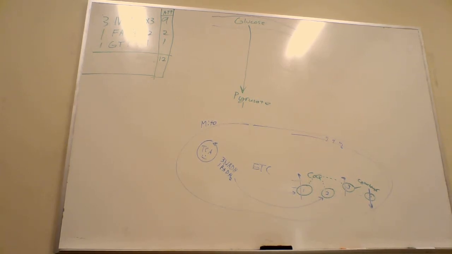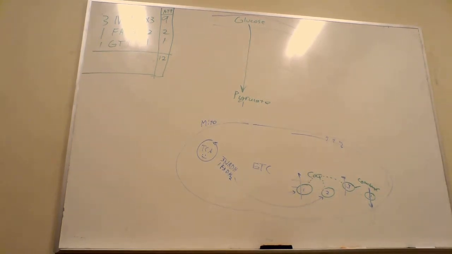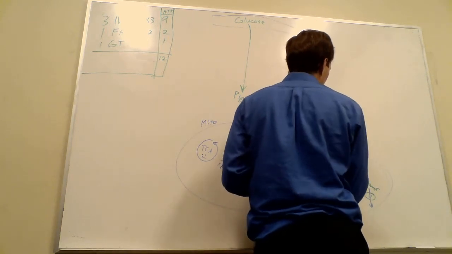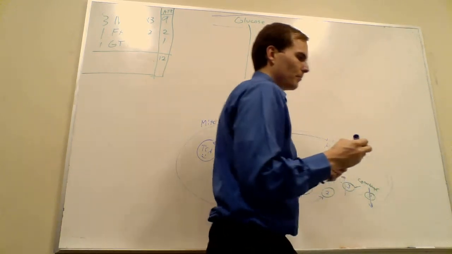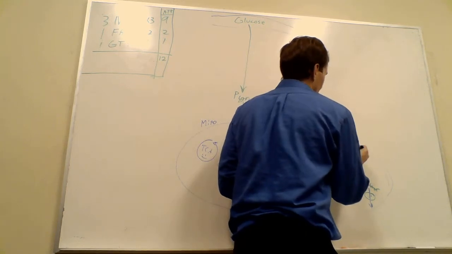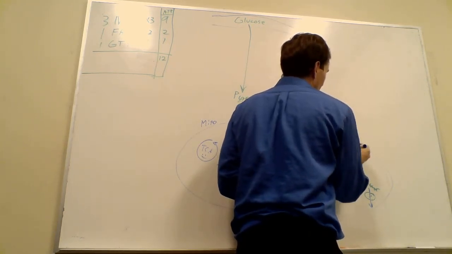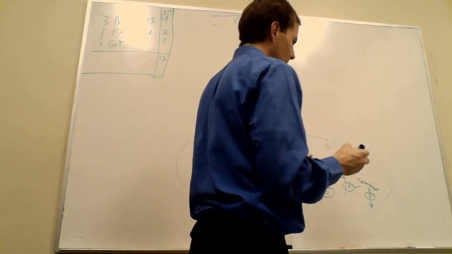So, all right. And intermembrane space versus matrix. Okay, so it's actually the other way around then. So the hydrogens get loaded up into the matrix, and then they shoot through to the intermembrane space to generate the ATP.